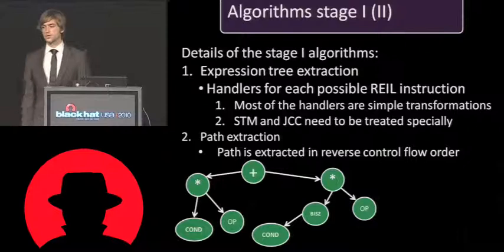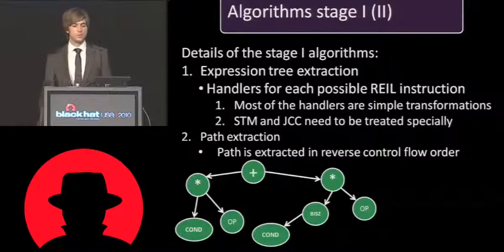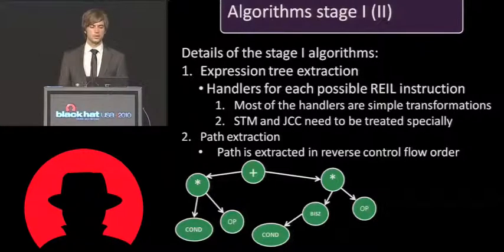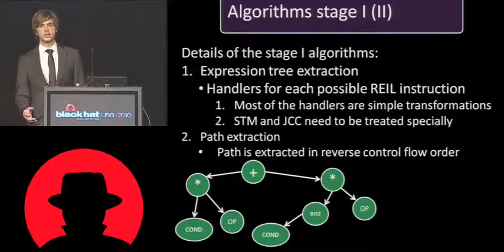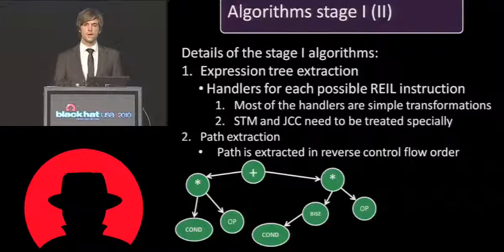For the expression tree extraction, we have a handler for each possible REIL instruction. Most of the handlers are very simple transforms, like I showed you already. The addition can simply be mapped from the REIL instruction into the expression tree. But some REIL instructions are a little special, because for a store in memory, you might have a register or register plus offset to address the memory location, and you do not want to override this information later on.